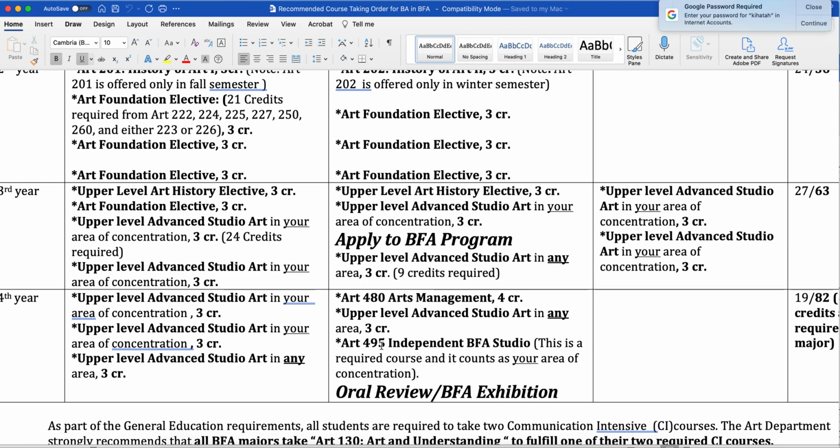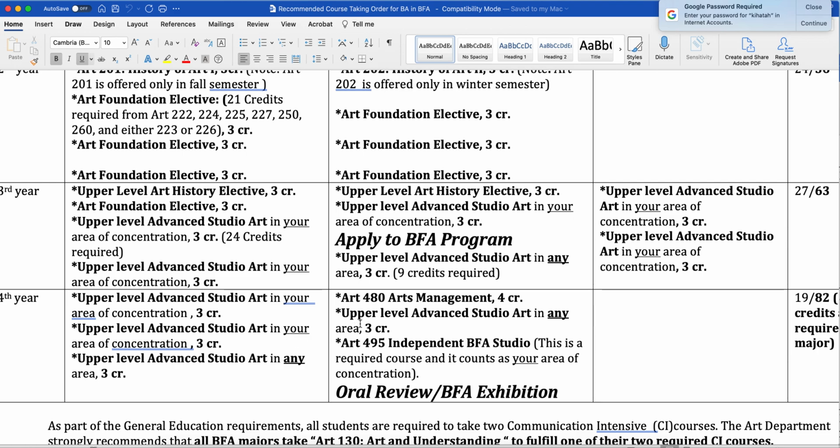So this independent study is the key for you to successfully pass the show and oral review. So I guess this will be the 11th, so 10 of them could be your studio courses.